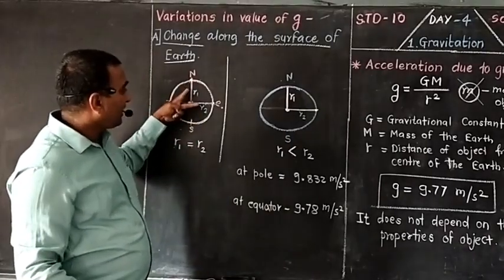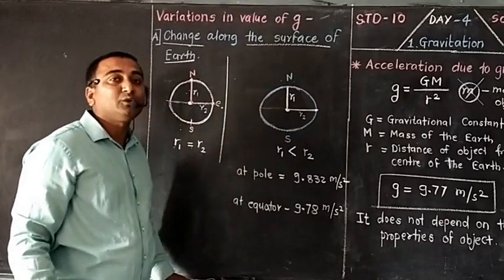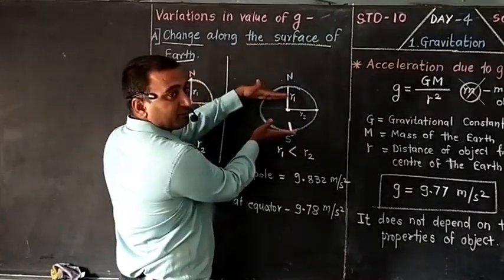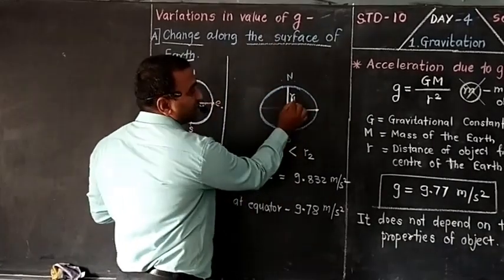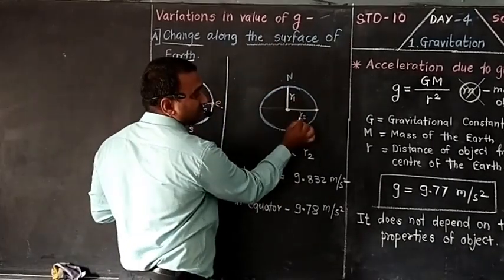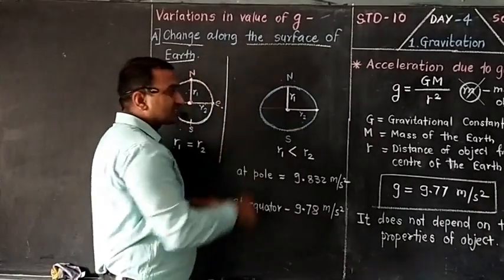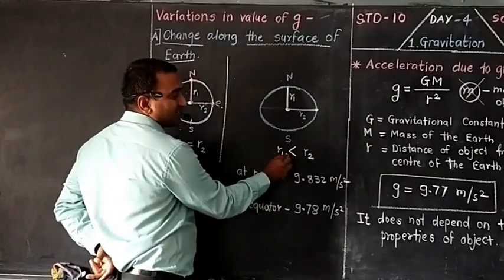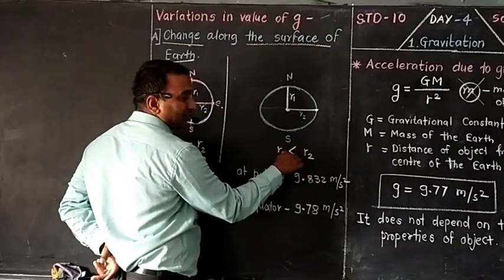In the spherical case, R2 is equal to R1, but here R1 is not equal to R2. Because earth is a little flat at pole and bulged at equator, definitely R2 is greater. So here R1 is less than R2, that means R2 is greater than R1.